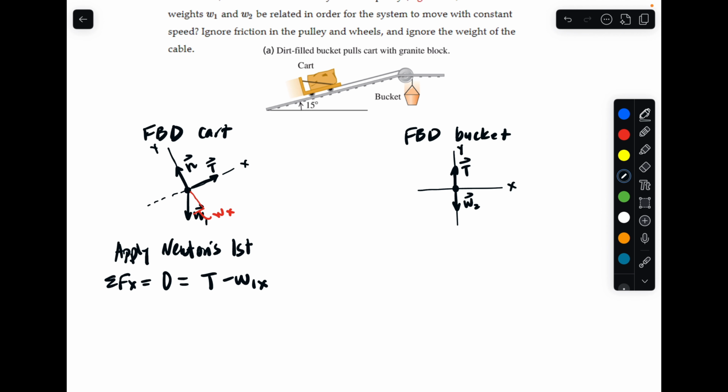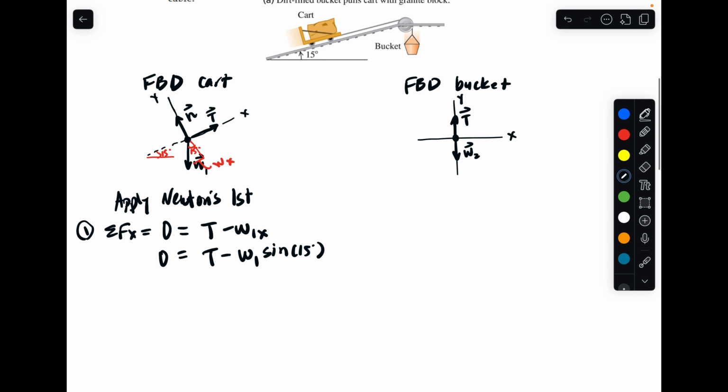And we can go ahead and figure out what that is. So if the ramp itself is 15 degrees, well then this angle right here will be 15 degrees. And so we will get the weight times sine of 15 degrees. That we'll call equation 1.